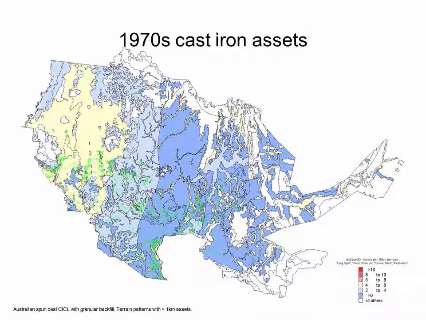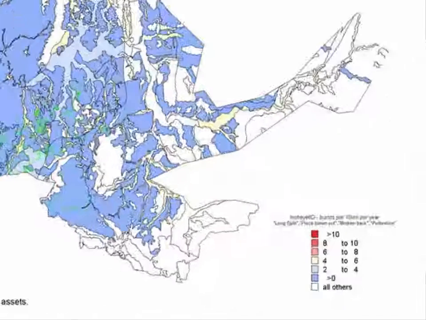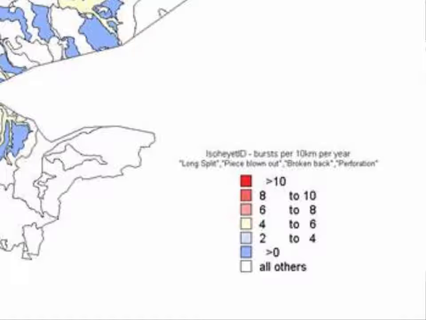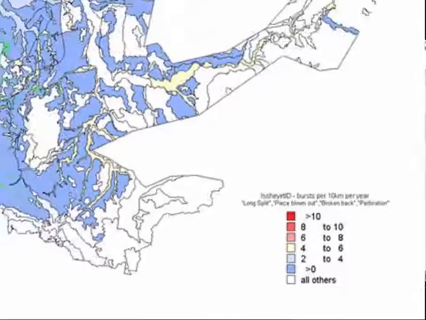The coloration of the map represent asset failure classes in terms of failures per 10 kilometres per year. Now the classes are 0 to just less than 2, 2 to just less than 4 failures per 10 kilometres per year, 4 to less than 6, 6 to 8, 8 to less than 10, and greater than 10 failures per 10 kilometres per year.